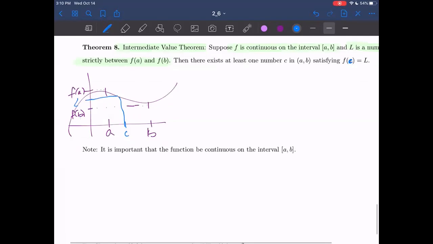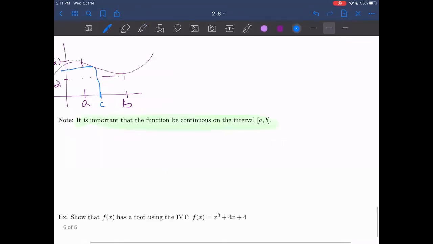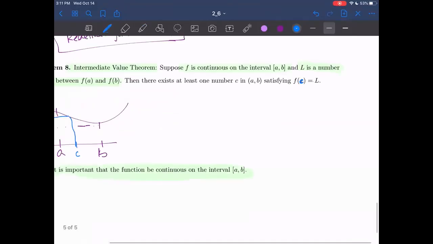Something to note though, it is important that our function is continuous on the interval from a to b, because if it's not, then it doesn't hold. And it is possible to have more than one.